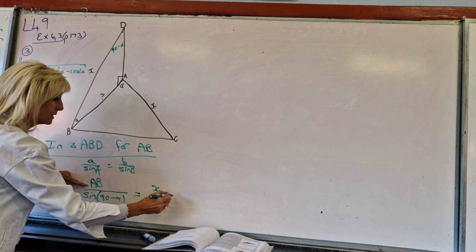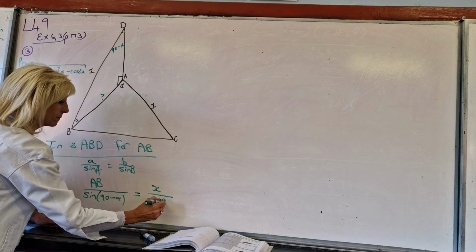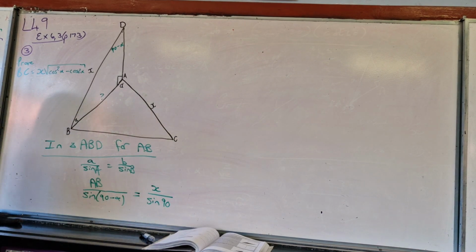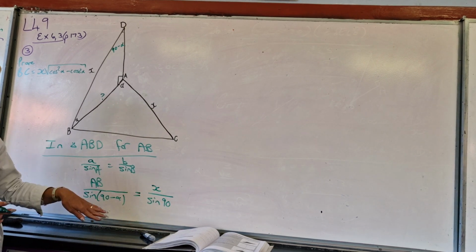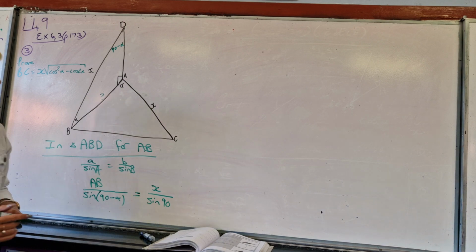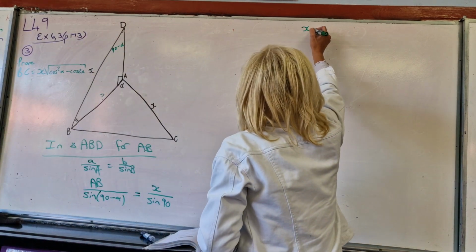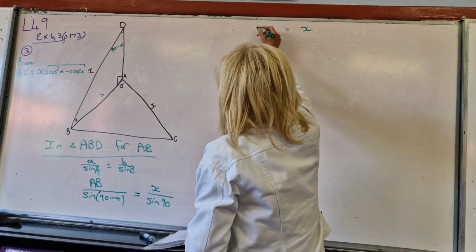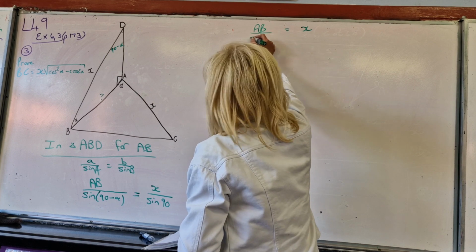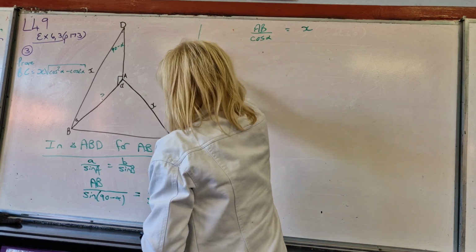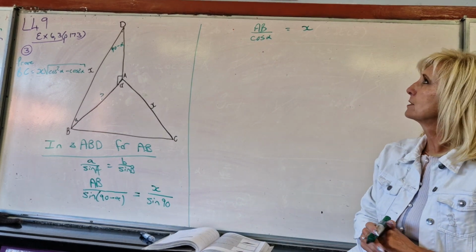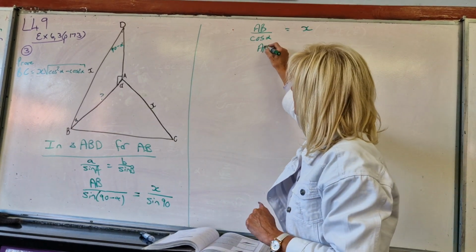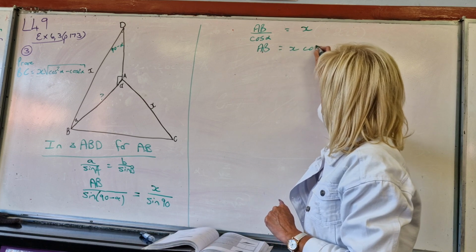X. And its partner sin 90. But what is sin 90? 1. So I can write it, but I don't have to. In the next step, it's just going to disappear. I'm going to have X over 1, and on the other side, AB over cos, because I did a co-function reduction formula. So my AB answer is X cos alpha.